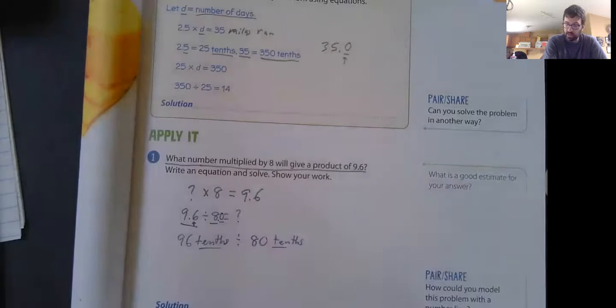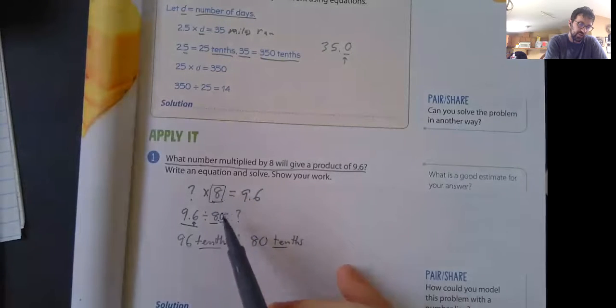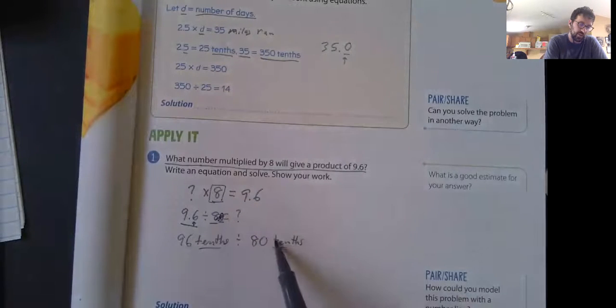So I'm looking at 96 divided by 80, right? I can do that for sure, right? Or, wait a second, this was a whole number, wasn't it? That's right. I don't need to do this, do I? I don't even need to worry about that, do I?